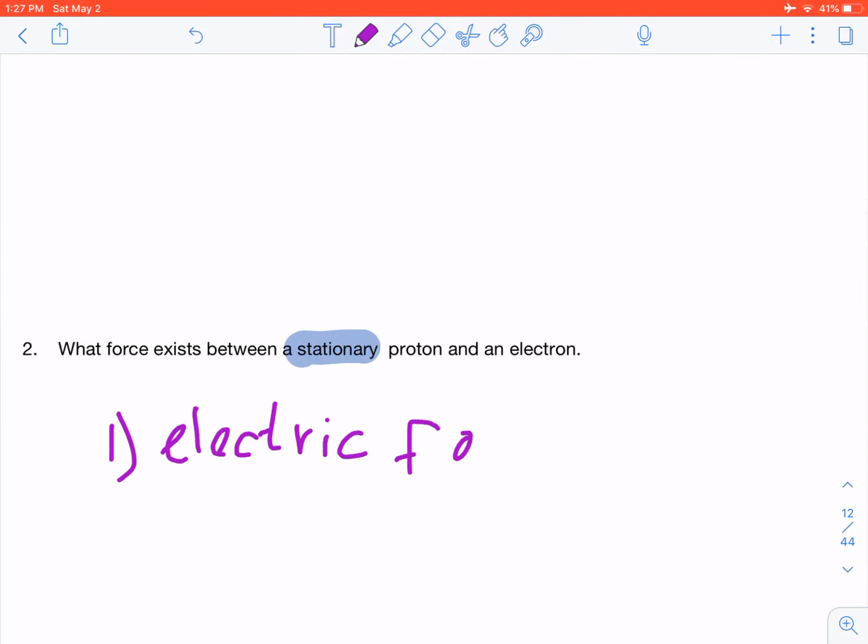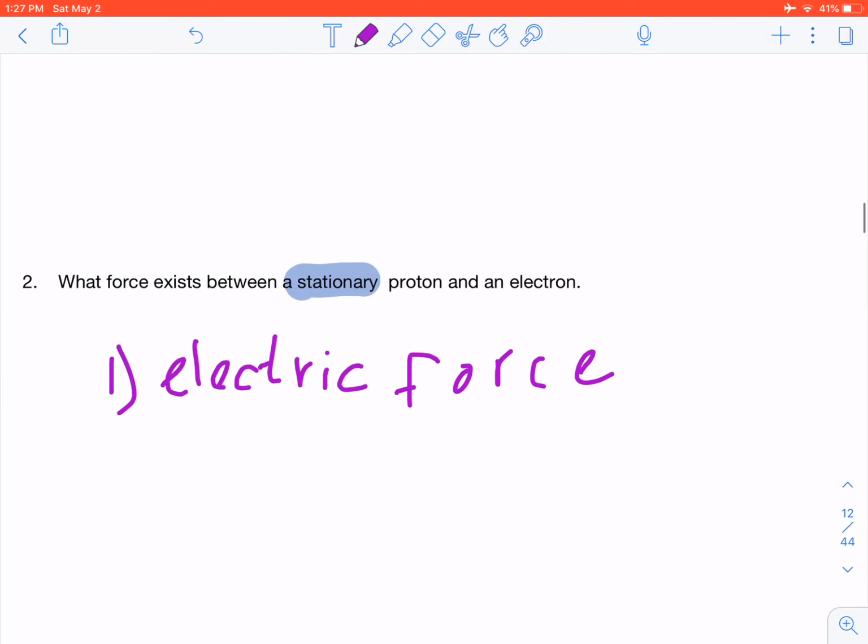We're going to be doing quite a bit about the electric force and charges in the subsequent lesson. But also, although I haven't explicitly mentioned it, a proton has mass and an electron has mass. So there must be a gravitational force as well.